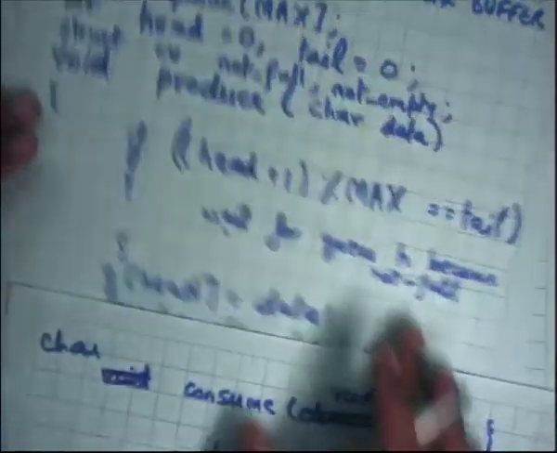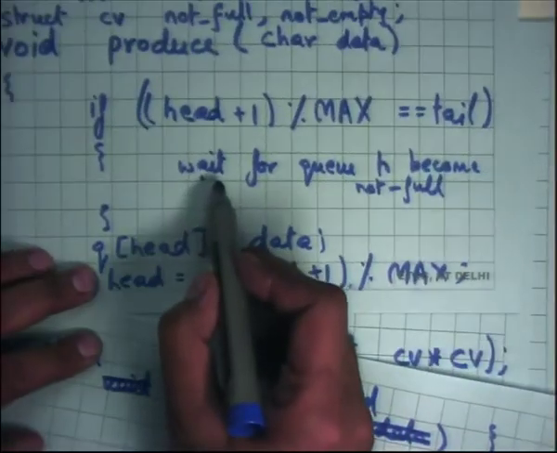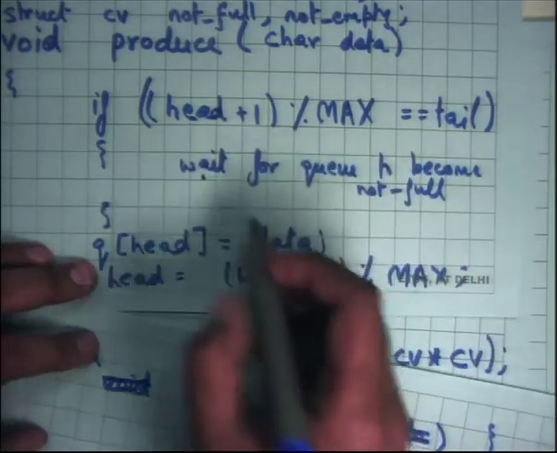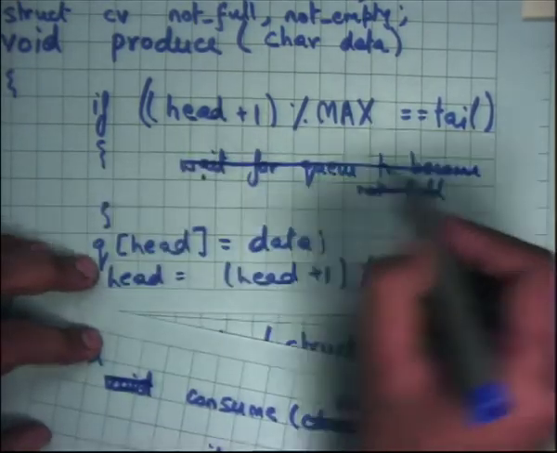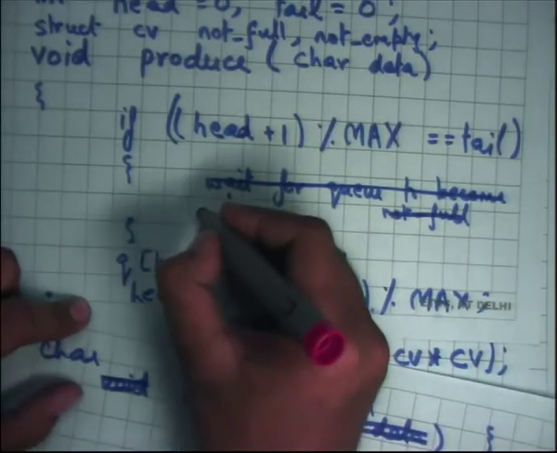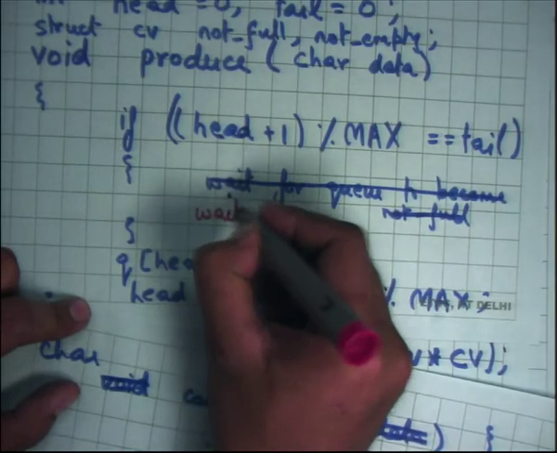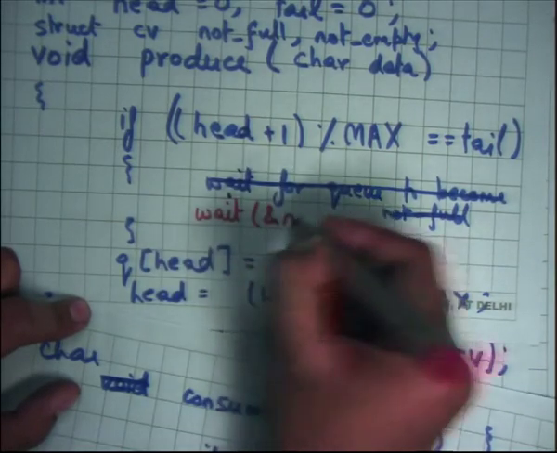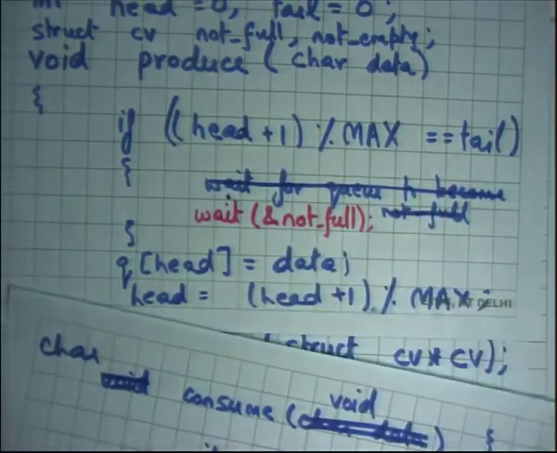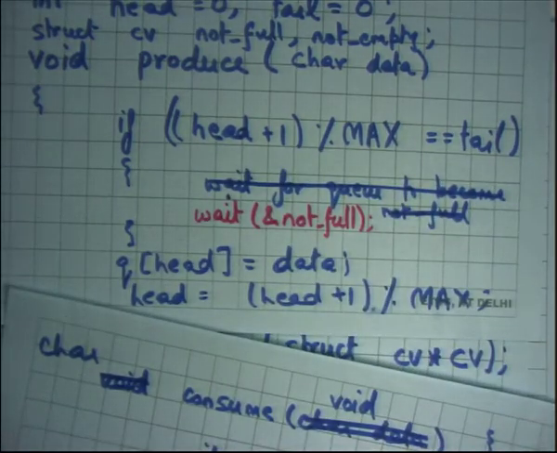This English sentence, wait for the queue to become not full, I can now replace with something that means a similar thing: wait on not full, on this condition variable called not full.